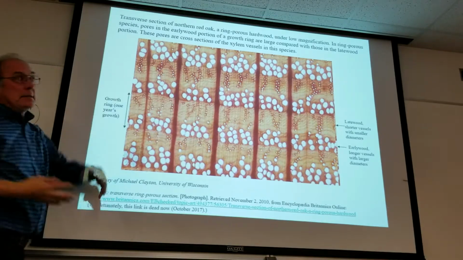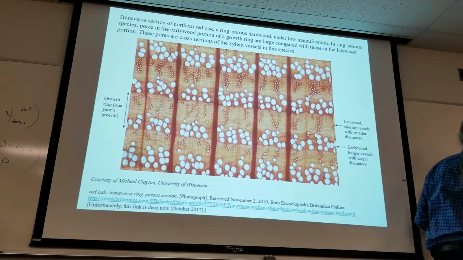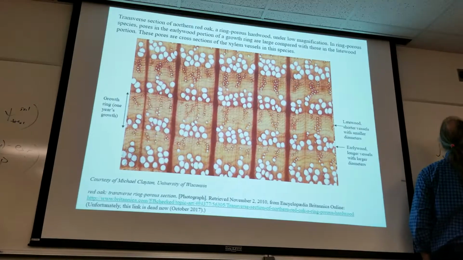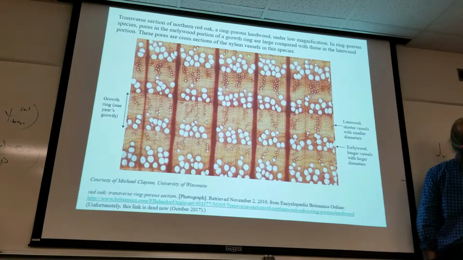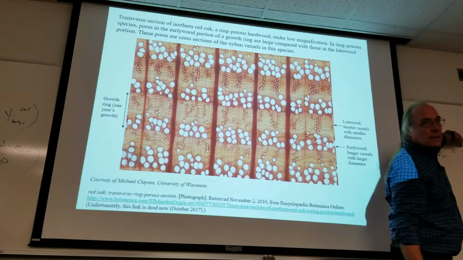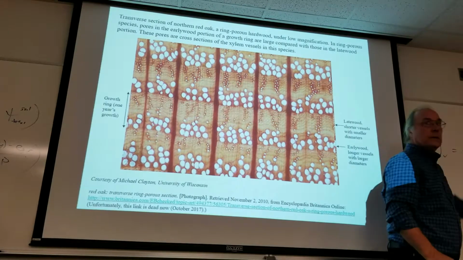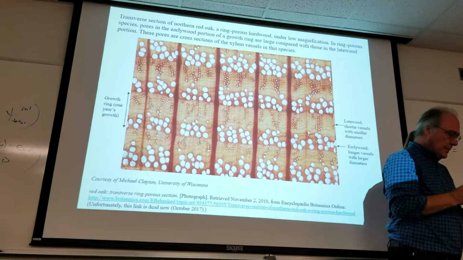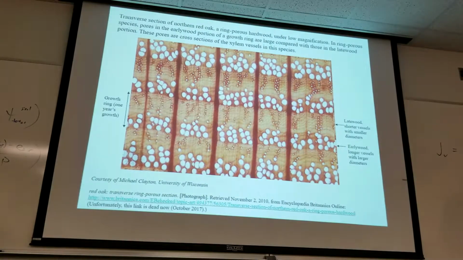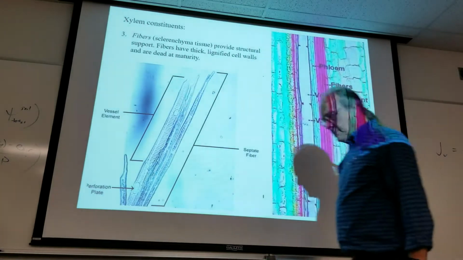And a dramatic difference in the diameter, which plays into this equation we have, right? Because the plant's varying this R, we give it different characteristics based on what the gradients in pressure potentials are.